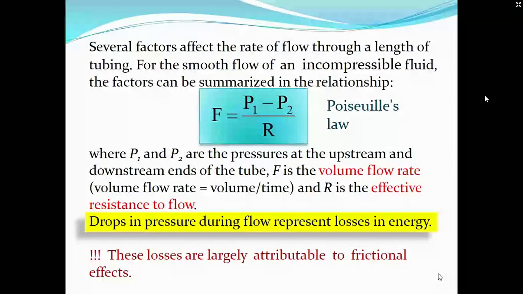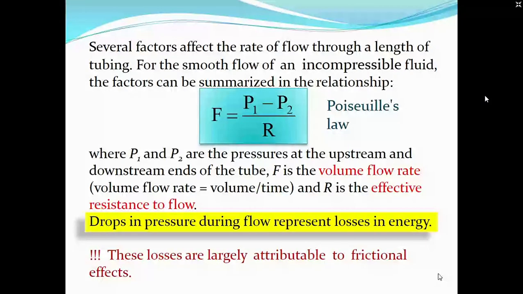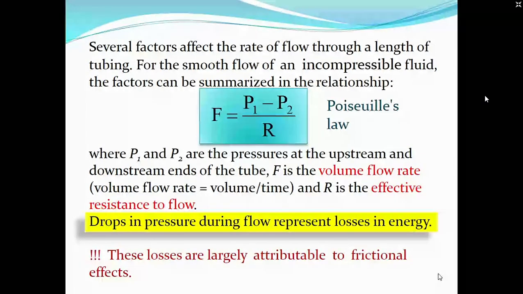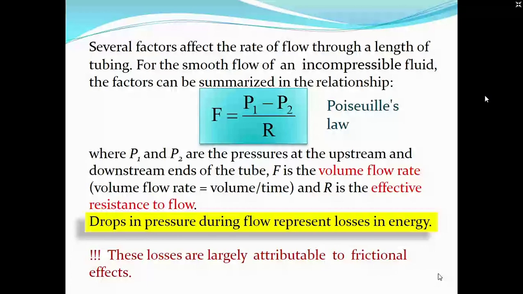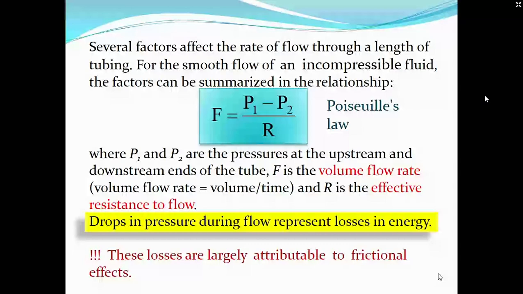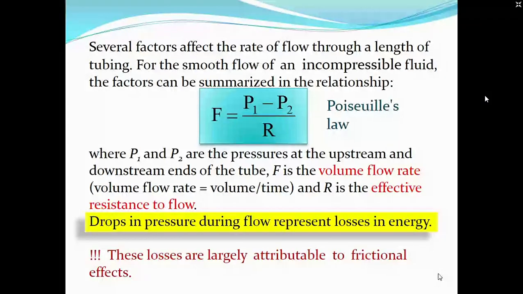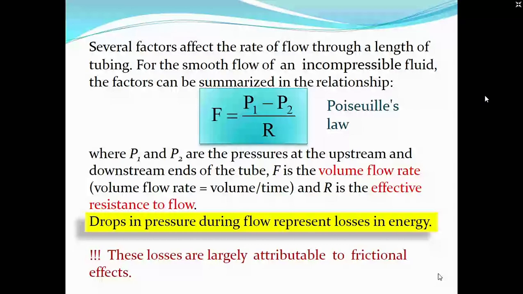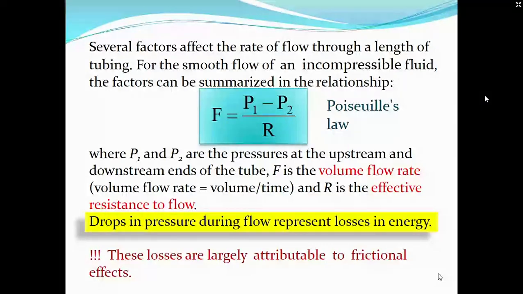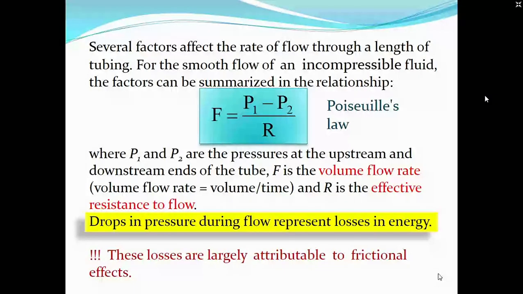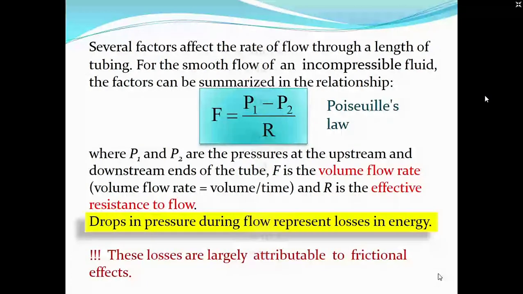Instead of saying pressure decreases, we might say pressure drops. How to write pressure drop mathematically? Delta P. This is the pressure drop, the decrease in pressure. And those losses of energy are due to the fact that fluids are real and they experience friction. Frictional forces oppose motion and retard it, and some losses of energy are observed.